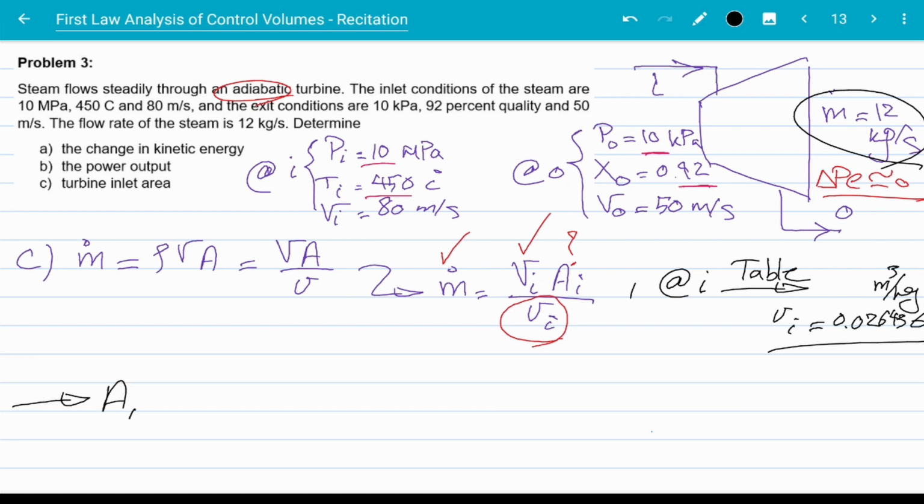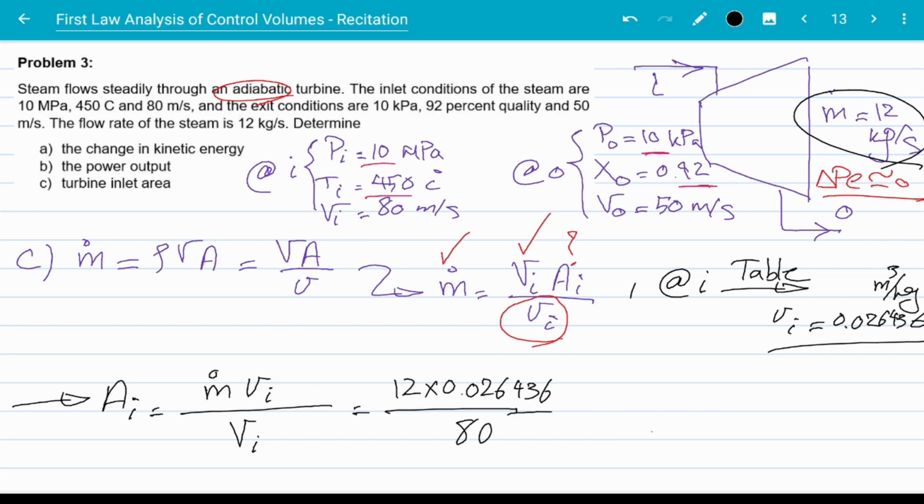So the area at the inlet is mass flow rate times the specific volume over the velocity. 12 times 0.026436 over the velocity, which is 80 meters per second. You do the math, you get that the cross-section area is 0.00396 meters squared, which is 39.6 centimeters squared.